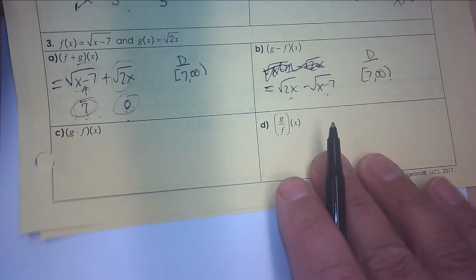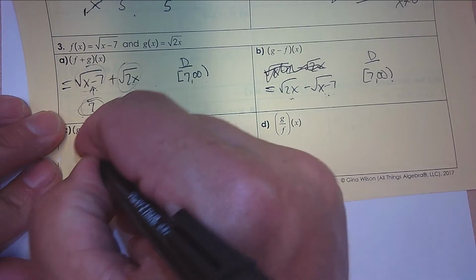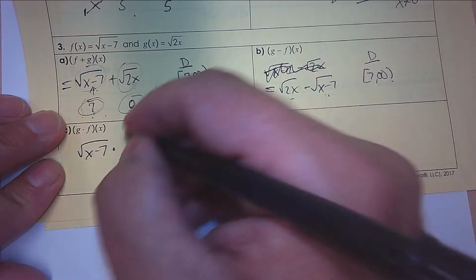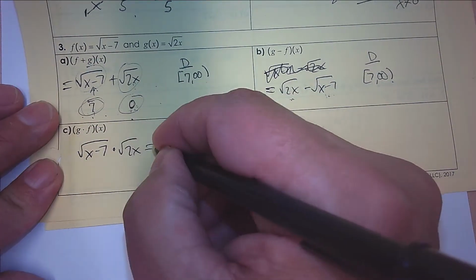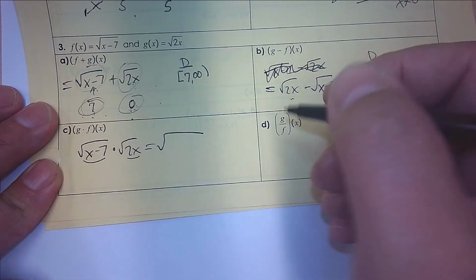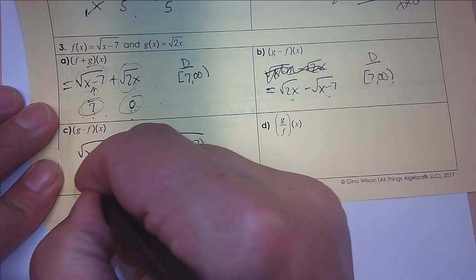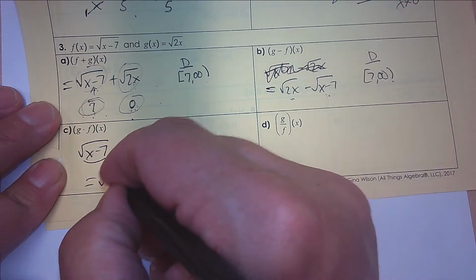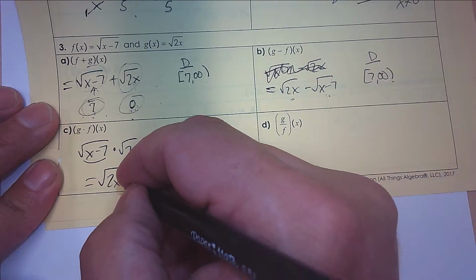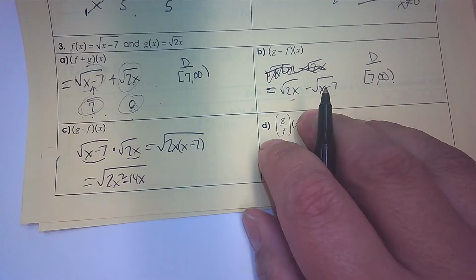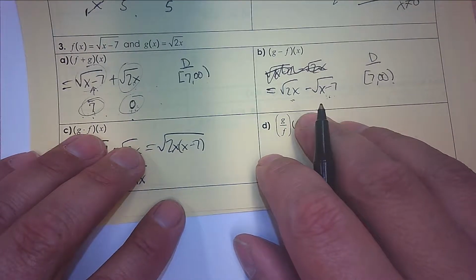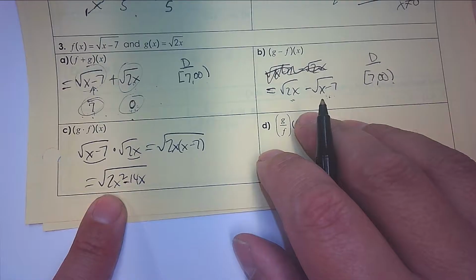Multiply. So root x subtract 7 times root 2x. So I multiply what's underneath the roots together. In other words, I'm going to go 2x times x minus 7. When I do that, I get 2x squared subtract 14x. So look at what makes it 0.